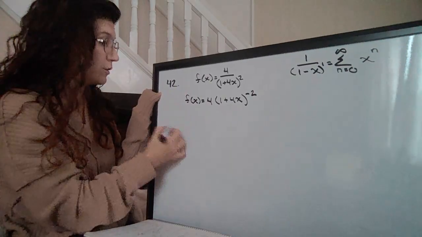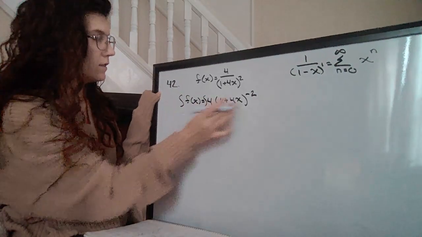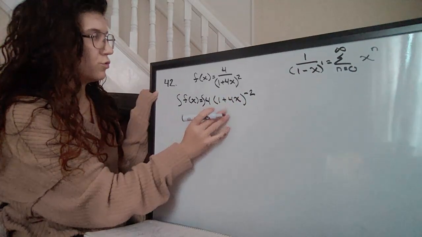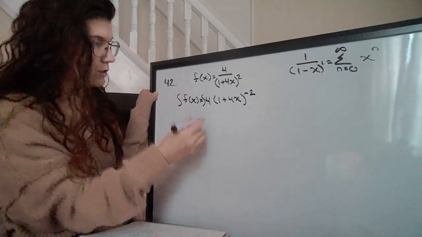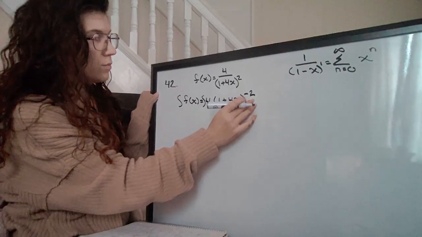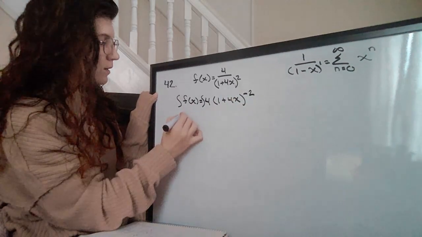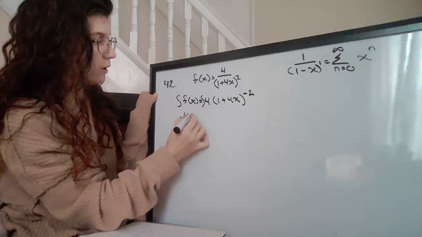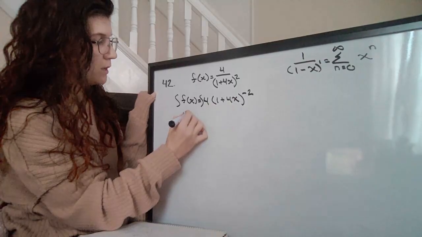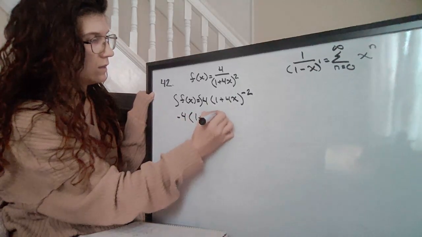So I'm actually going to integrate this guy. I get this plus 1 divided by that. So this will be negative 4 divided by negative 1, and then this will be 1 plus 4x to the negative 1.